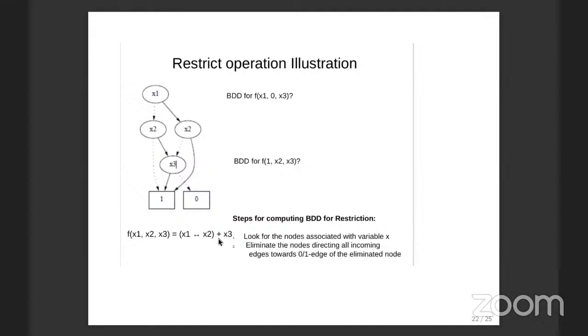Because the one side is completely eliminated here, x2 is eliminated on the one side, and this is supposed to just use the function represented by the one that is rooted at x2 for the case of 0.